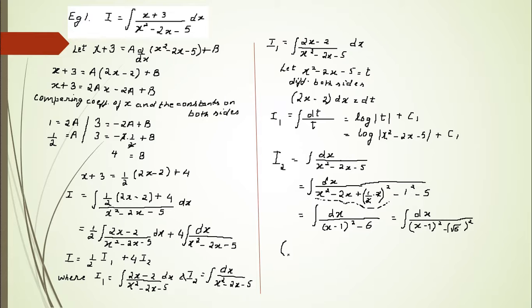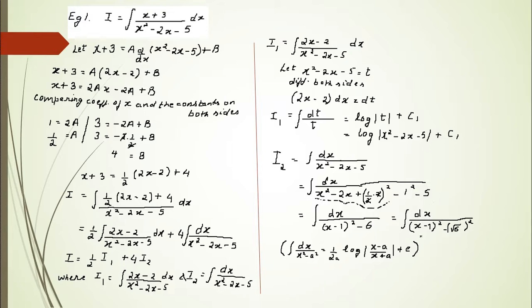The standard integral that we are going to use is integral dx by x square minus a square is equal to 1 by 2a log of x minus a by x plus a plus c. This is the standard integral that I'm going to use.